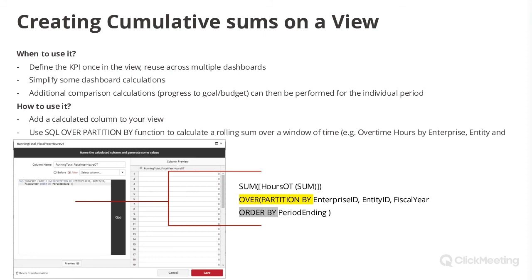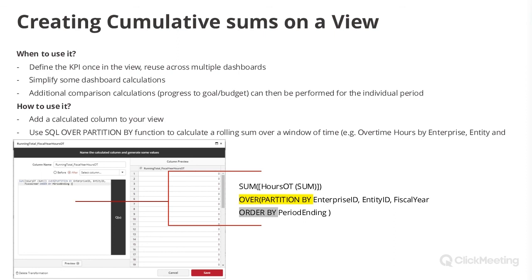Some advantages are centralizing that KPI within your system to one view, especially if you're going to reuse that KPI across multiple dashboards. You may also be able to simplify some of your dashboard calculations by using this view and having the KPI pre-calculated.